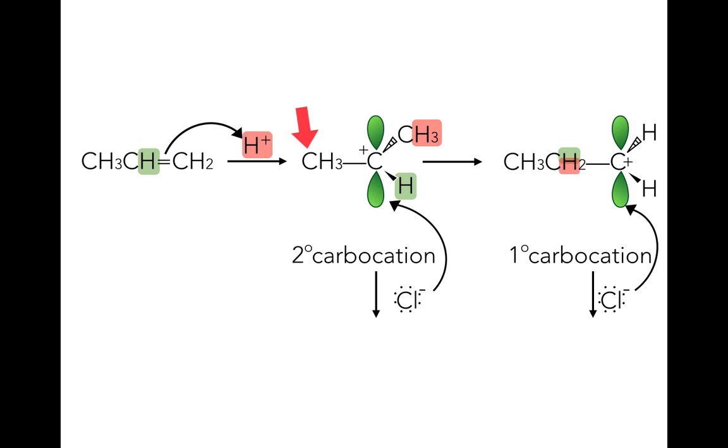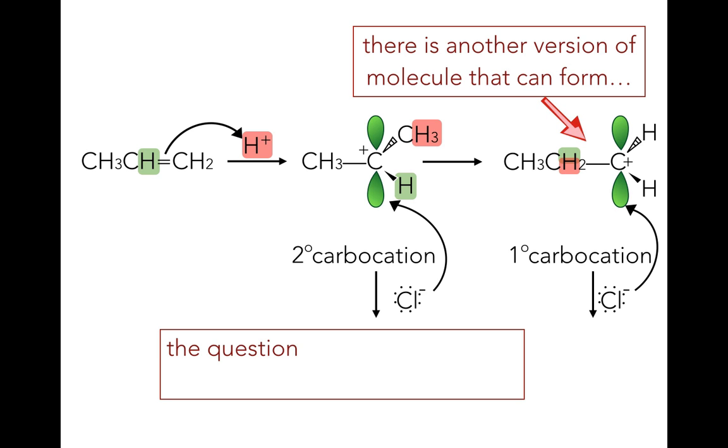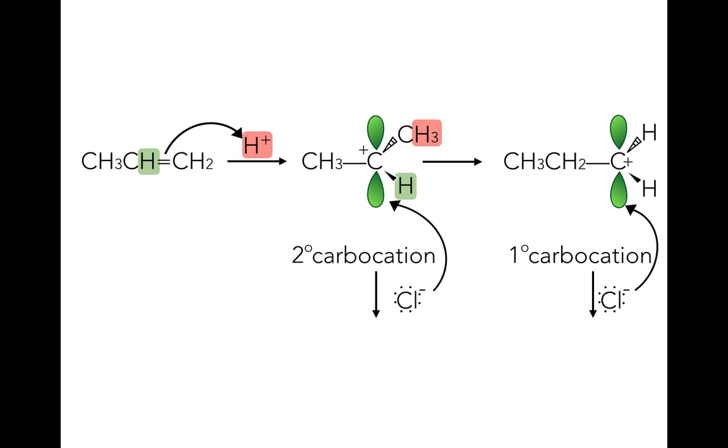So here I have two different species, two molecules that can form, two potential options that can occur. So the question is which carbocation is most likely to form? Does chemistry have a particular preference for which one of these it wants to create? And the answer is yes, and that's what we're going to discuss.